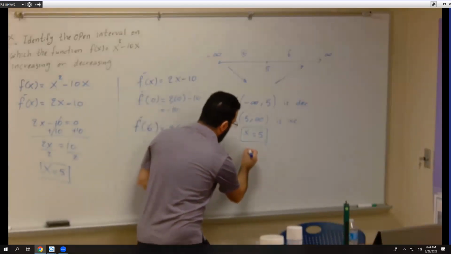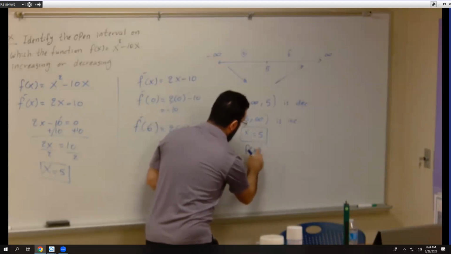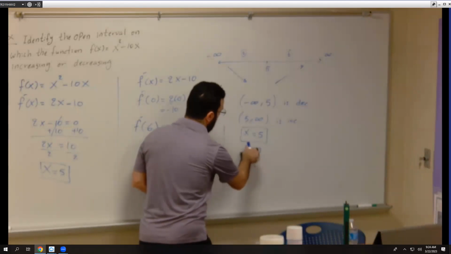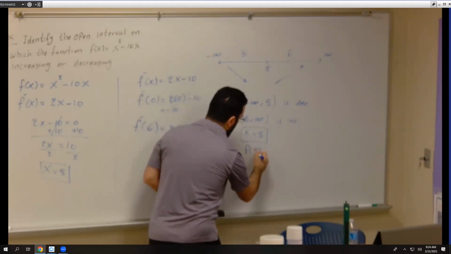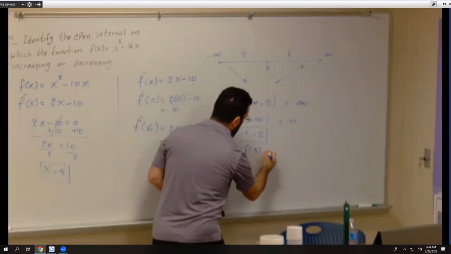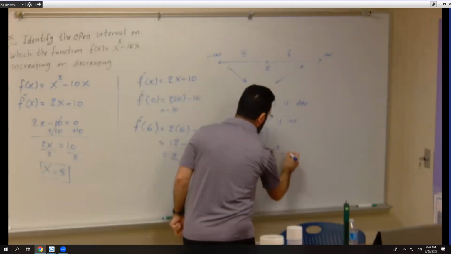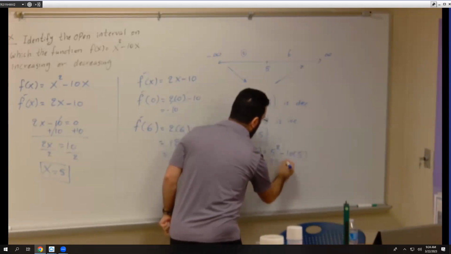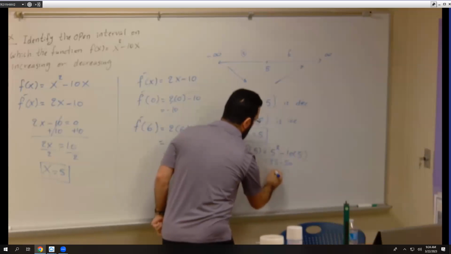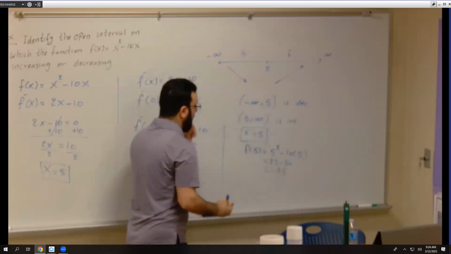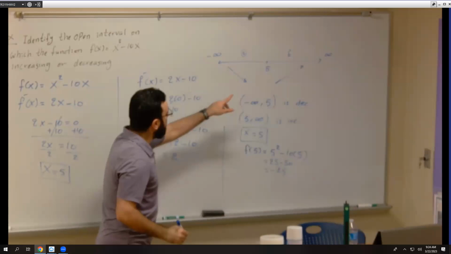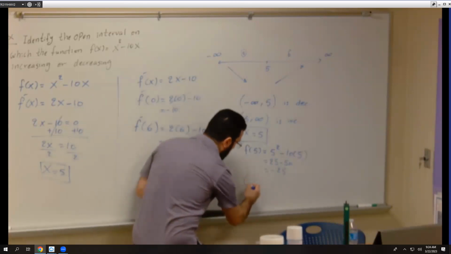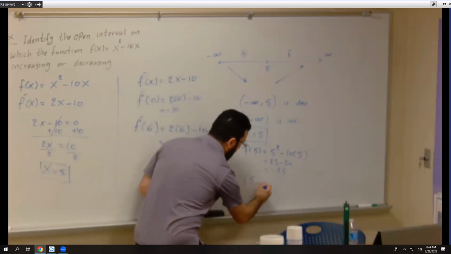So let's do f of 5. f of 5 is equal to 5 squared minus 10 times 5, which is 25 minus 50, so it's negative 25. That means the lowest point, the relative minimum, is (5, negative 25).